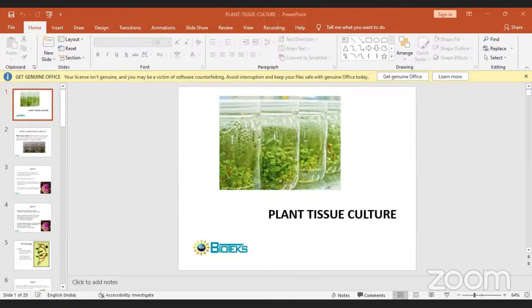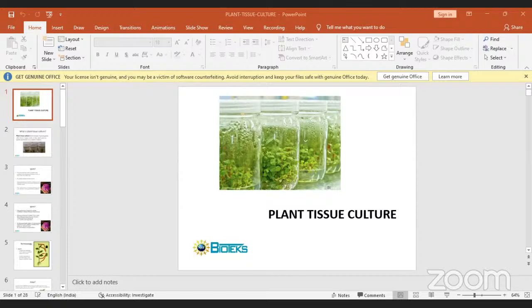Explants may comprise an organ tissue like shoot tip, node, leaf, root, or stem, a cell, protoplast, pollen, ovum, and endosperm. Plant tissue culture is widely used by plant science, forestry, and horticulture. The first use is clonal propagation and micropropagation.